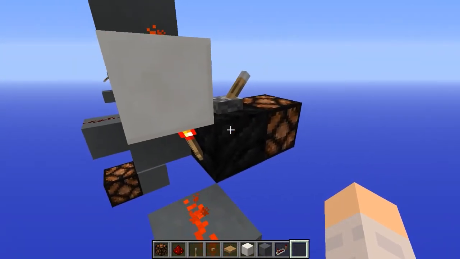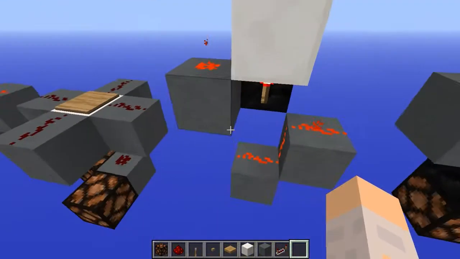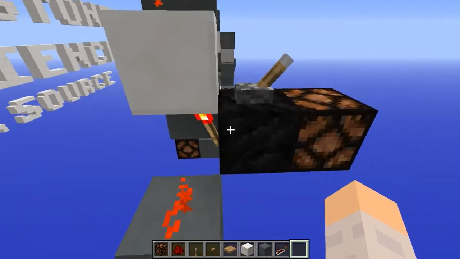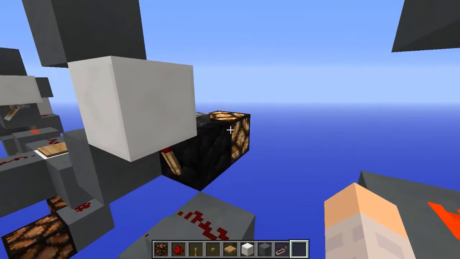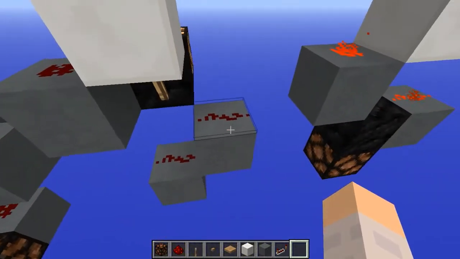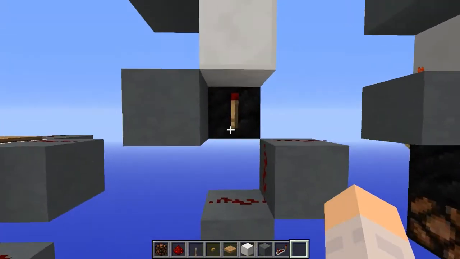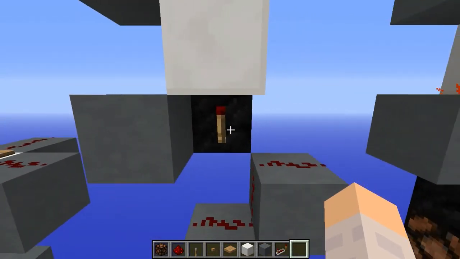So you could see all this redstone is on. If we were to power the block behind the torch, and you can see that the block is powered by the redstone lamp, all of the redstone turns off because it's being powered by this torch.